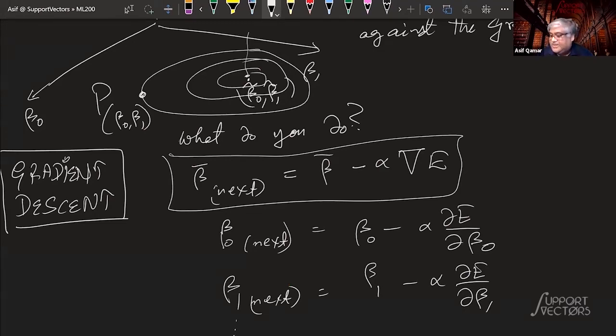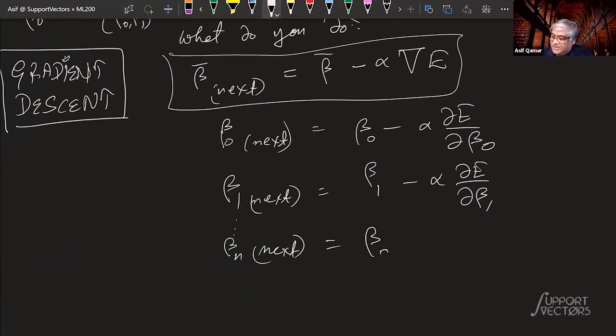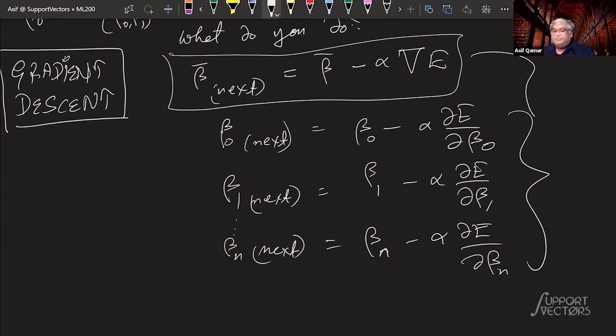And so forth. Suppose you have an n-dimensional parameter space, then beta n next is equal to beta n minus alpha dE/d beta n. It's just this thing rewritten, broken out into components. This is your gradient descent. This is how you solve the problem.